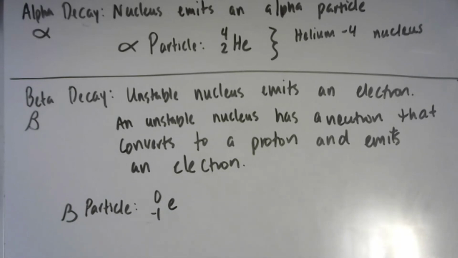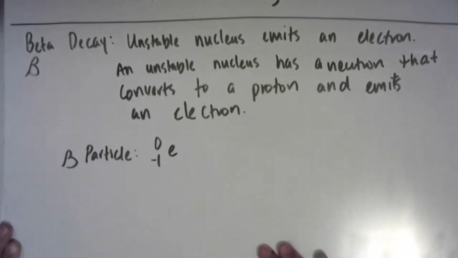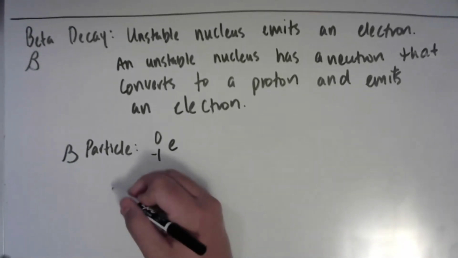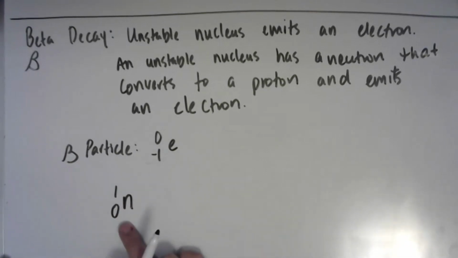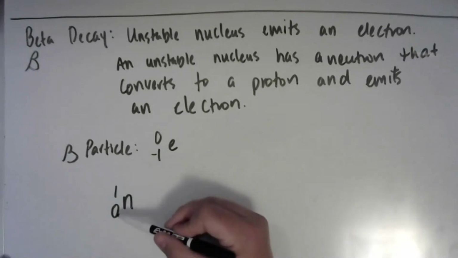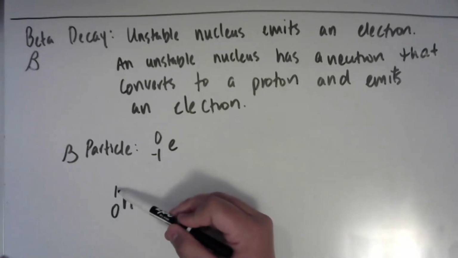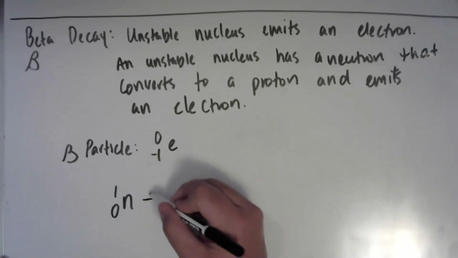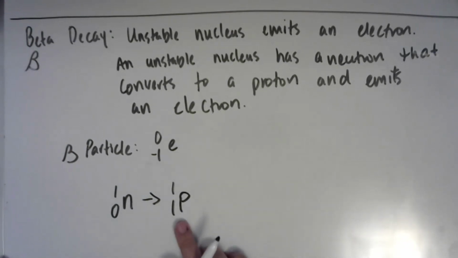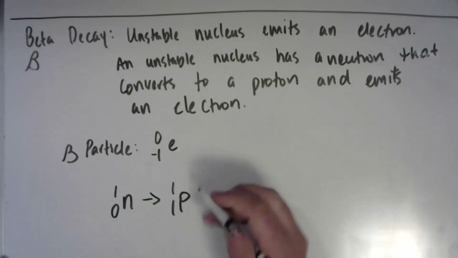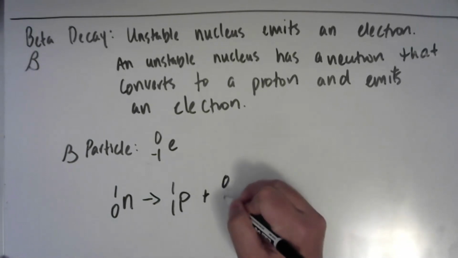And the process of beta decay looks like this. We have an unstable neutron. This is the representation of a neutron, right? Because it's not going to have any kind of charge, so it has no proton, and it's got a mass of 1. That neutron is going to convert into a proton. This is how we'd represent a proton. And one electron.